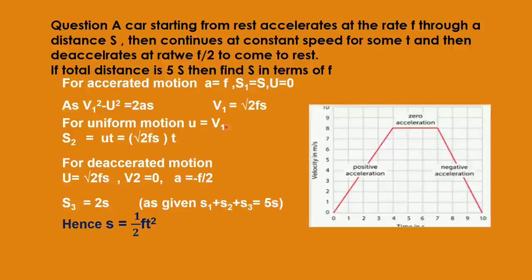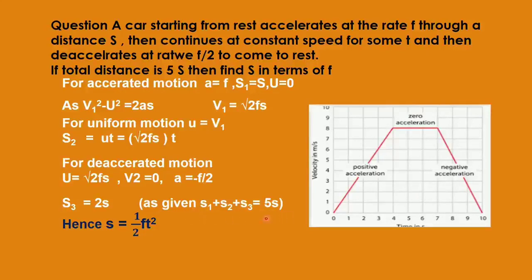See s1, which is the area under this first graph, is given as s1 equals s. For the second part, I am supposing s2. For the third part, it is s3. So total distance is s1 plus s2 plus s3, which is given as 5s in the question.